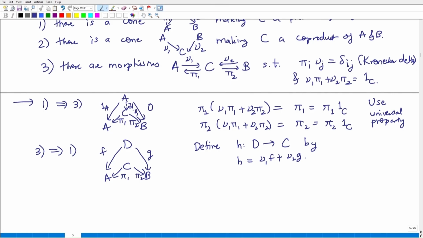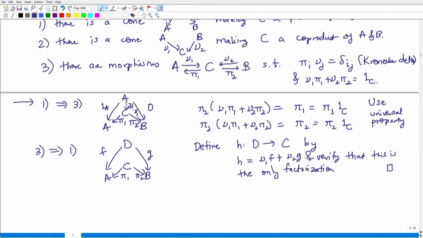And in addition, verify that this is the only solution. This is the only factorization. You have to verify that this is a factorization and it is the only factorization.